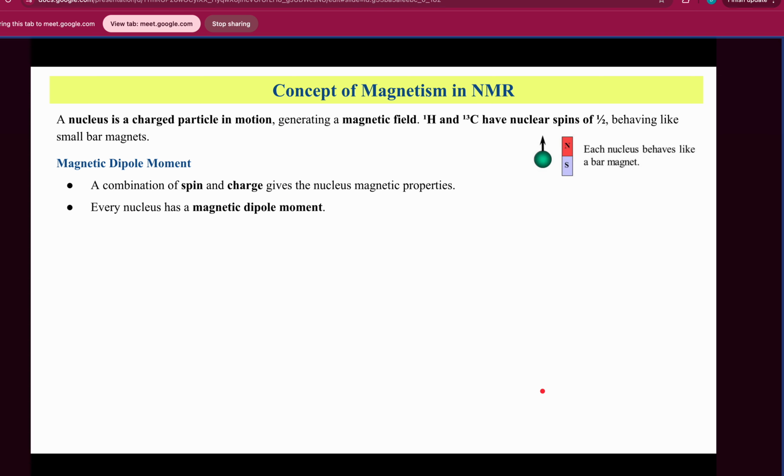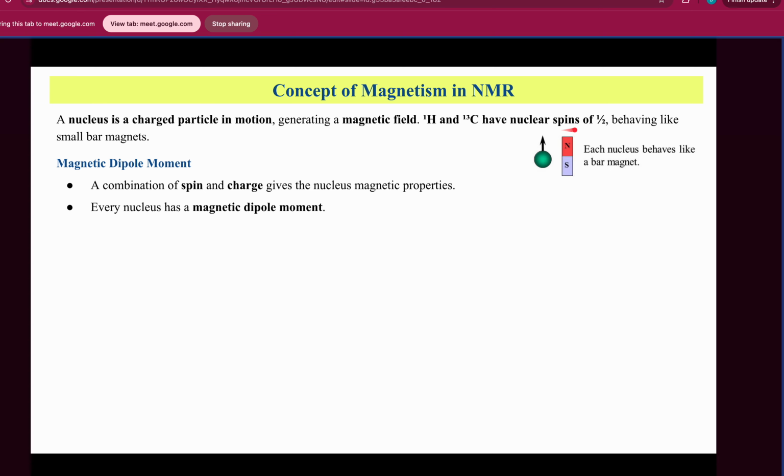So now we'll move into the concept of magnetism, because in NMR, as we were focusing on the spin, magnetism also has a role to play. It will alter the spin of a particular nucleus which is present. So the nucleus is a charged particle which is in motion because it has spin, generating a magnetic field. Whenever a charged particle is moving, it generates a magnetic field.